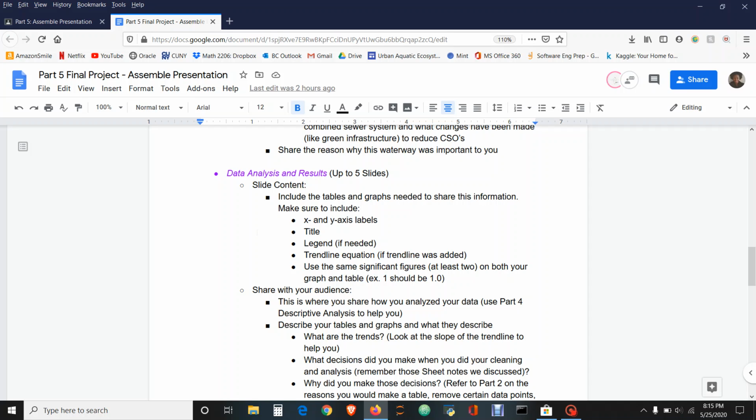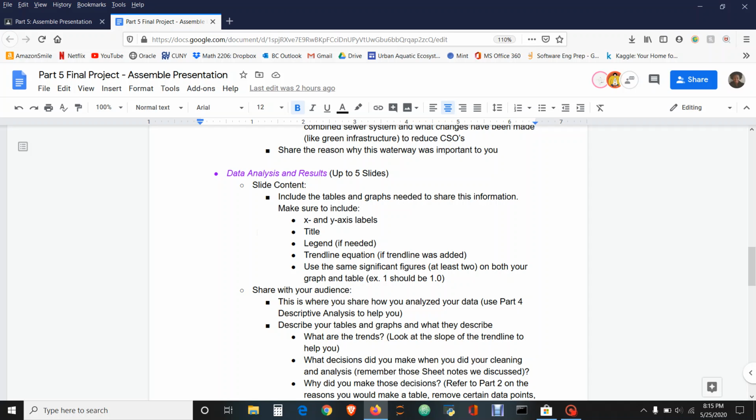When you do finally turn in your presentation, which is going to be the last weekend of class, so the following week you present it to your audience, you do need to make sure you have your labels on your XY axis. Of course, you need a title. If you included a legend, especially if you have multiple parameters being graphed on one graph, or you have multiple sites graphed on one graph, then yes, you need a legend.